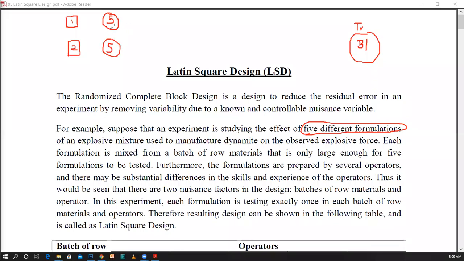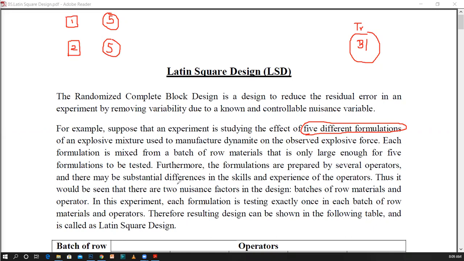So a single material batch would be enough to manufacture only 5 mixing formulations.